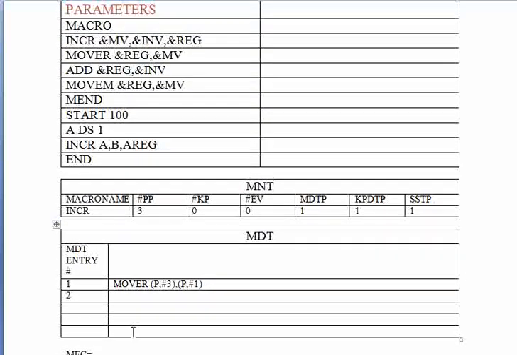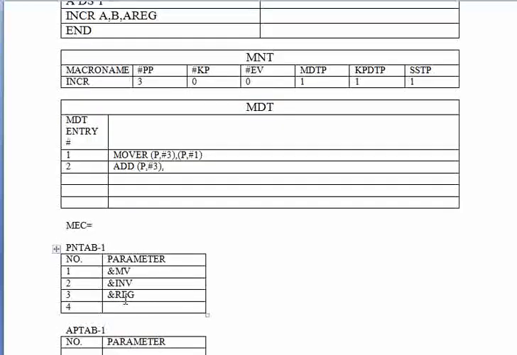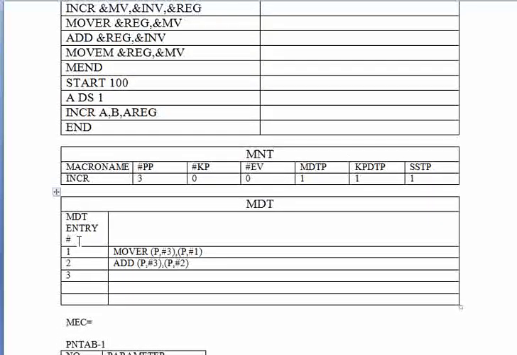The next line is ADD, so take it and place it in our MDT, which is ADD, and REG is at position 3, so P comma #3, followed by comma INV. If you look at the parameter name table, INV is at position 2, and that is why it will write here P comma #2. So it refers to that parameter which is at position 2 in the parameter name table.